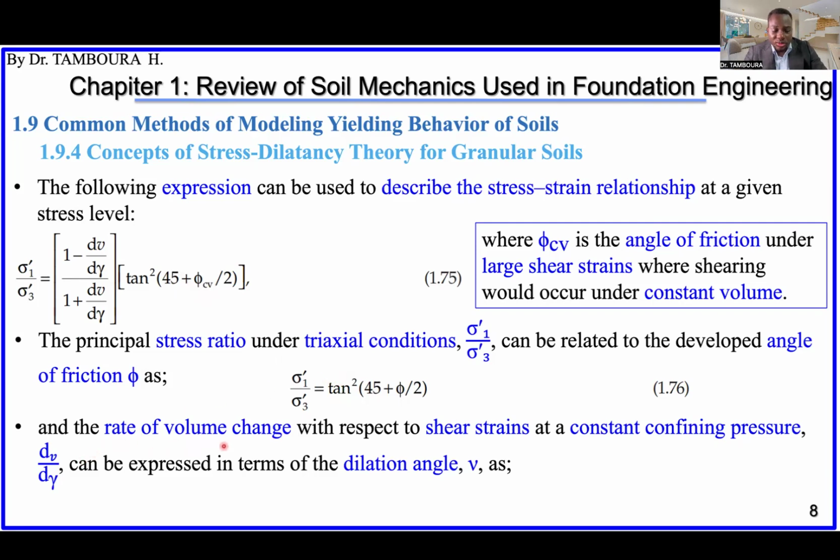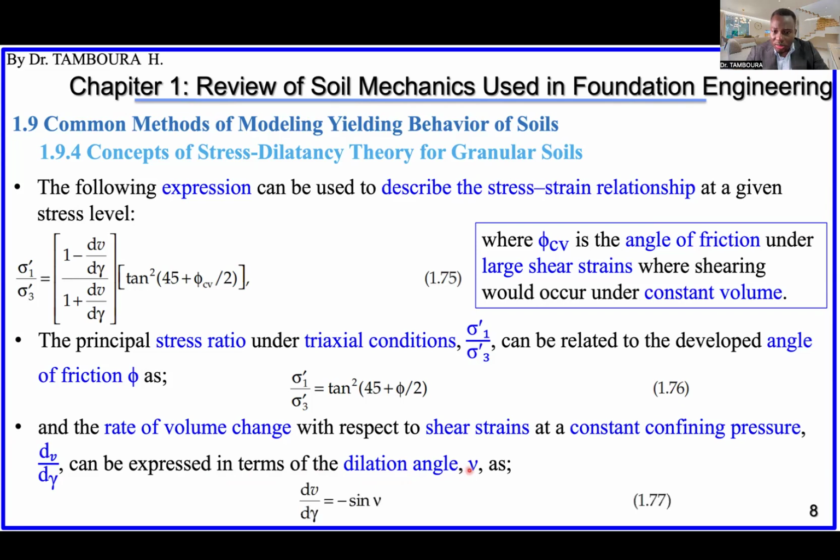The rate of volume change is shown here, dv over the shearing strain. So this rate of volume change with respect to the shear strain at a constant confining pressure, which is this ratio, can be expressed in terms of the dilation angle.